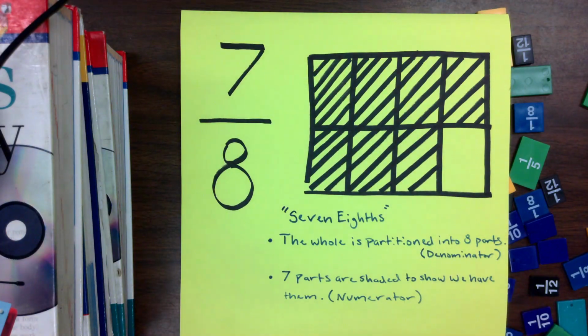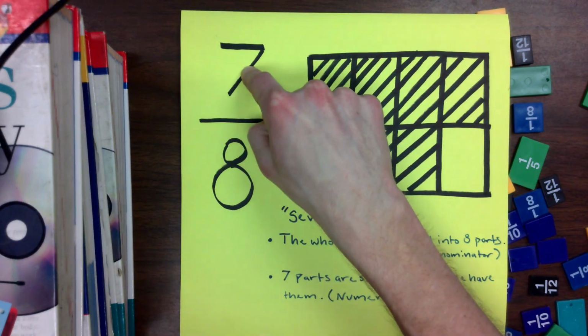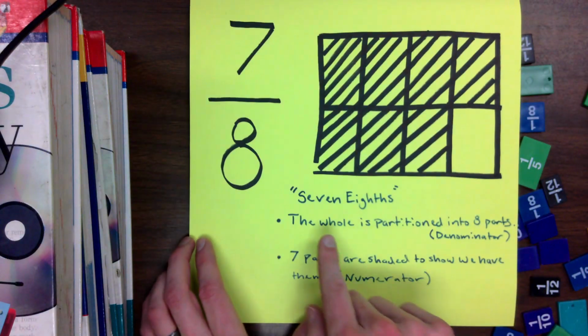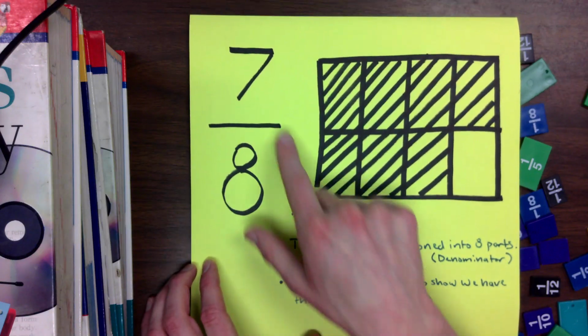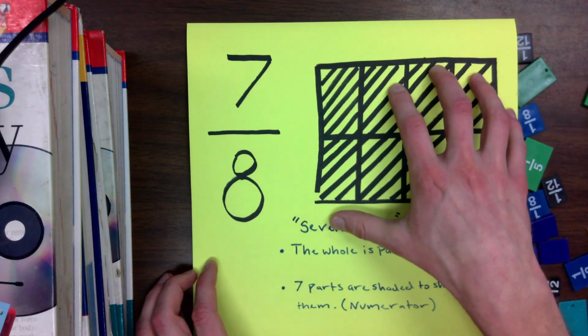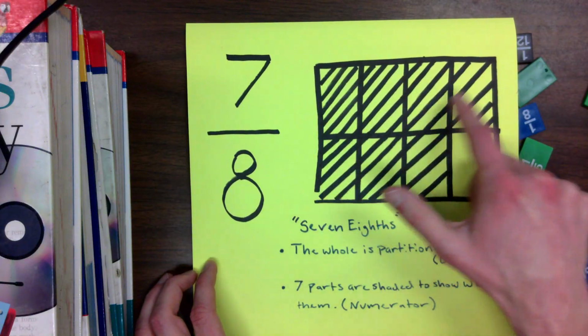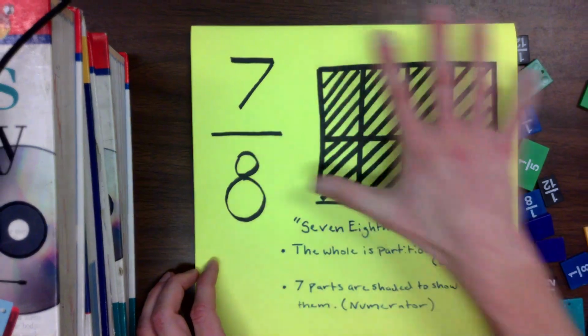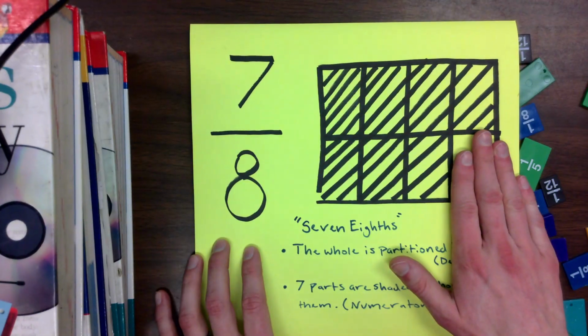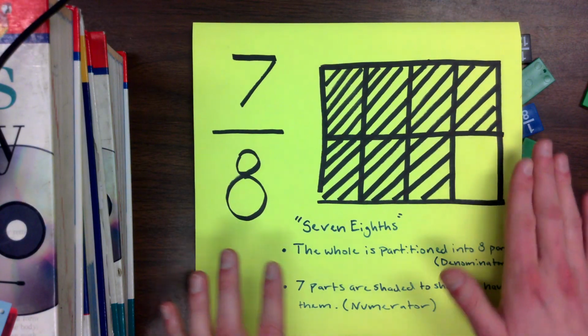Thinking back to yesterday with our numerator, fraction bar, and denominator, we would read this as 7/8. Now, if we look at our picture, we see that our whole is made up of 1, 2, 3, 4, 5, 6, 7, 8 parts altogether. If we took this part away, we wouldn't really have a whole, right?